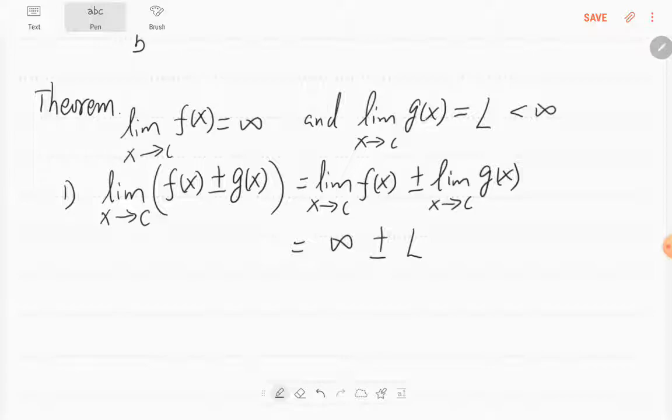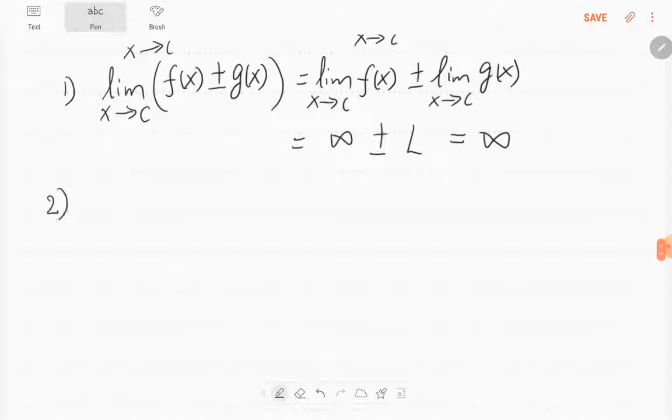So infinity plus or minus a finite number would be what? Infinity. The finite number will not affect the infinity if you add or subtract this number.